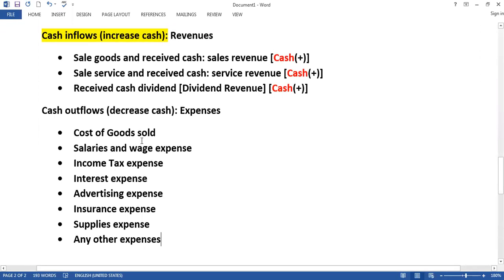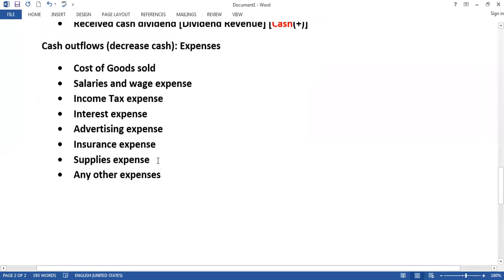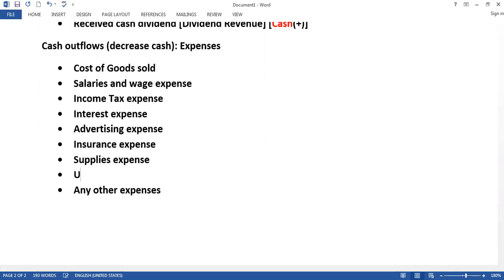But I told you that some expenses you already paid cash, some expenses you do not pay cash. For example, utilities expense. Today we are using the electricity, right? Today we are using the electricity, but today our university is not going to pay this utilities bill.